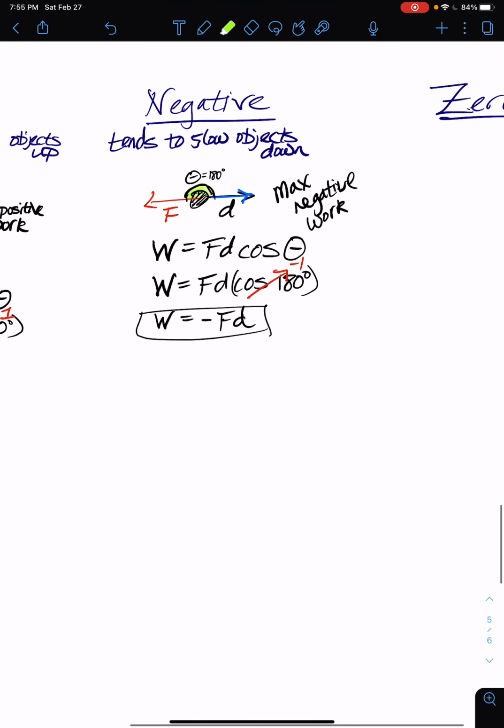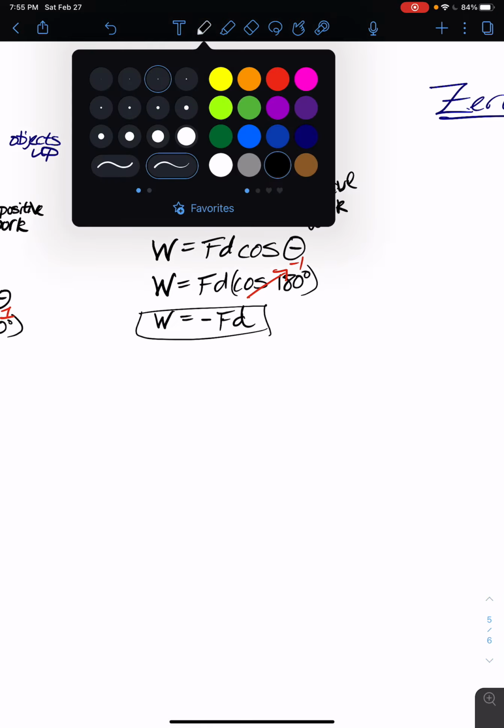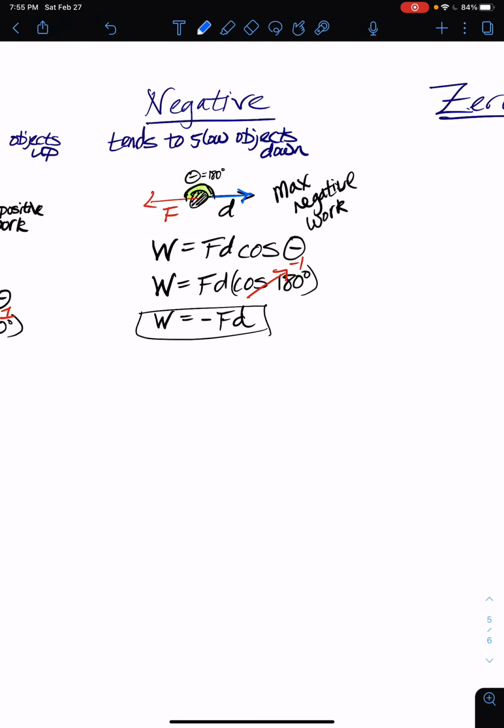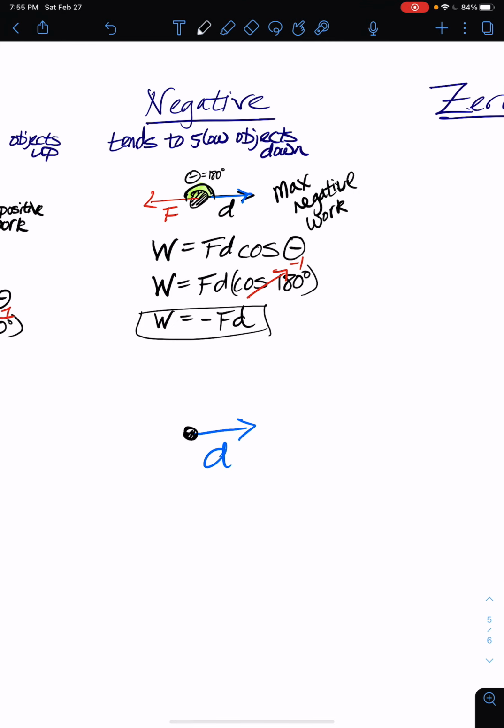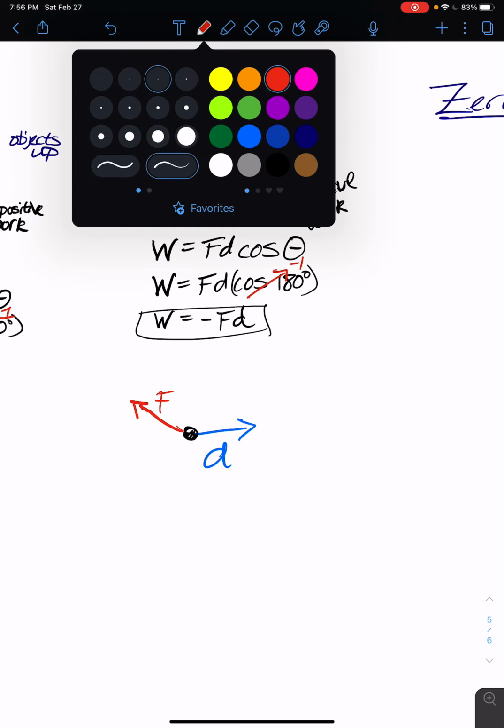What would be an instance of negative work that isn't a maximum? Well, if the distance was pointed forward, say, still, and let me draw that dot there. And now the force is maybe like this. So meaning only a piece of this force, right, is slowing the object down.